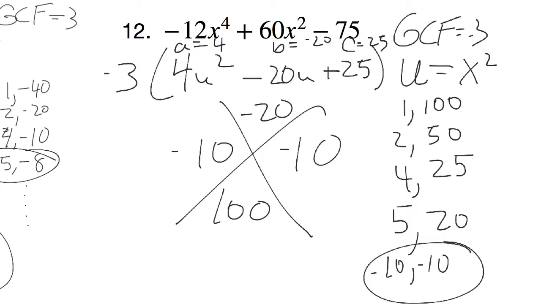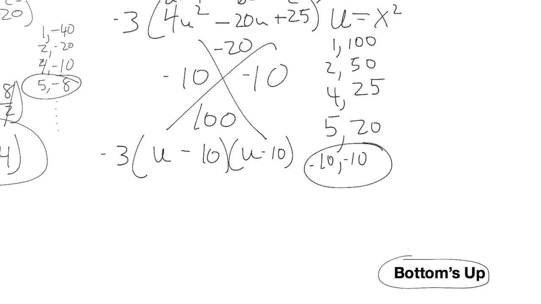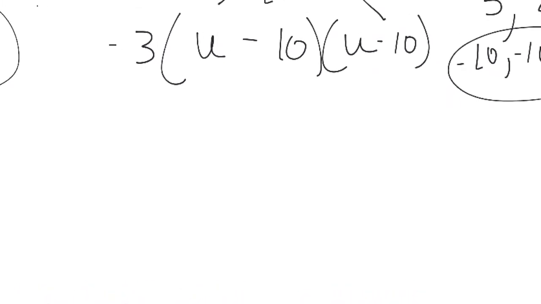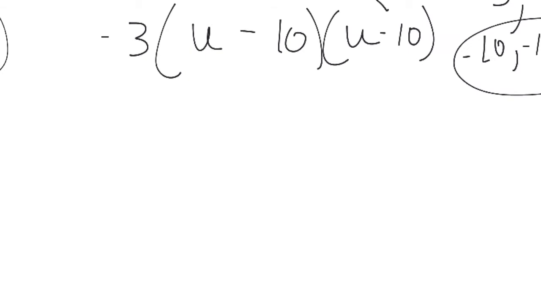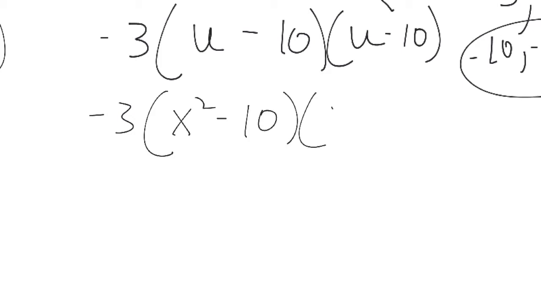So, great. We've got negative 3 times u minus 10 times u minus 10. And if I back substitute, then we get negative 3 times x squared minus 10 times x squared minus 10. This is just a difference of squares, and it's going to work out the same way.